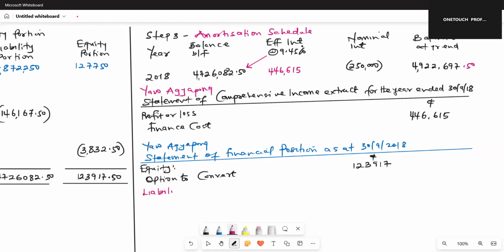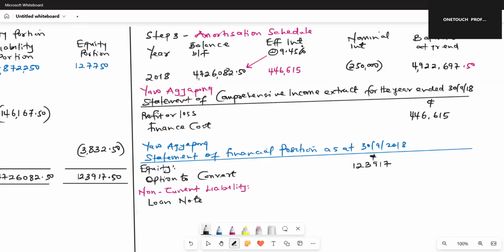Then we have non-current liability. There we have loan notes.